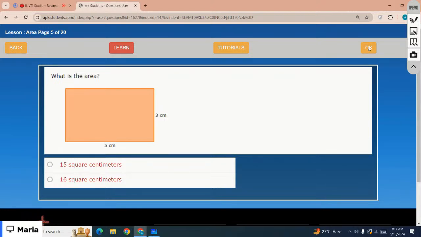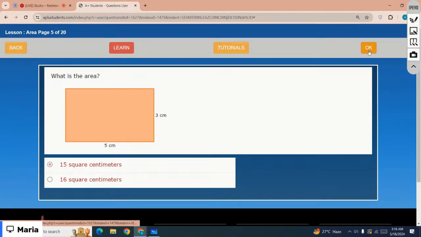What is the area? Again, you are given the rectangle. So, which is the correct option? The correct option is 15 square centimeter. Option number 1 is the correct option.